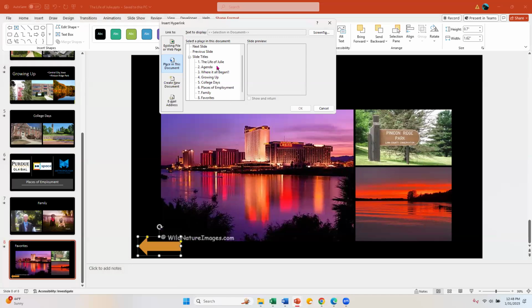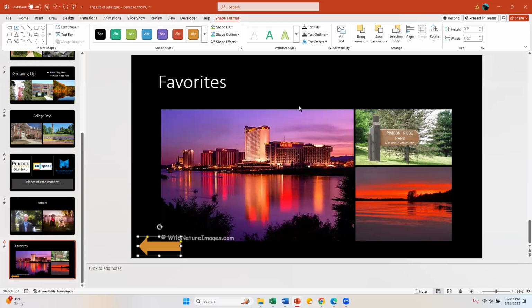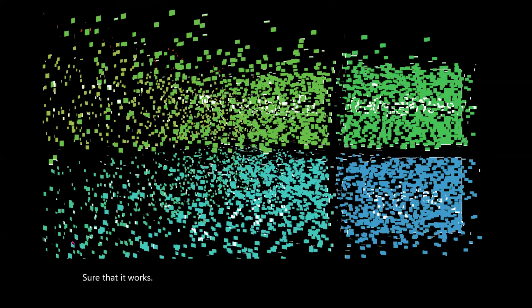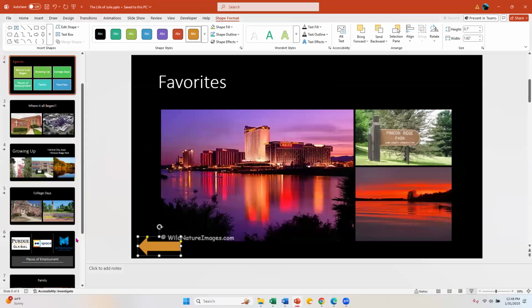It says, where do you want to go? And I want it to go back to the agenda. I'm going to click on OK. Now that I have that, let's make sure that it works. Back arrow. An agenda. Okay.